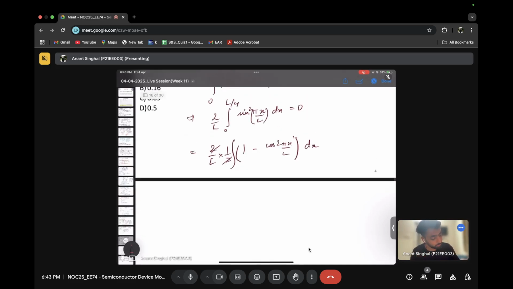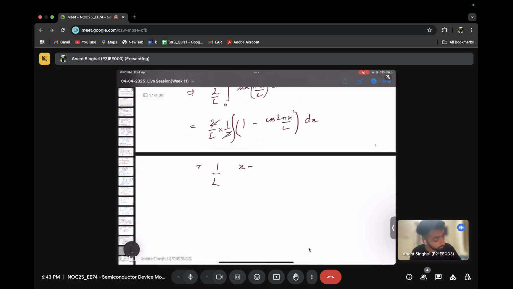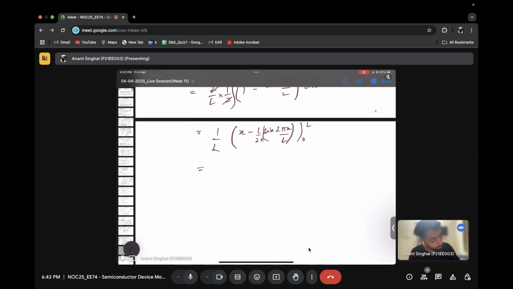So it will be 1 by L, then the integration is x minus sine 2 pi x by L, and there will be L by 2 pi outside, right? And then the limit is 0 to L by 4. The first term will be L by 4 if I keep the limit.